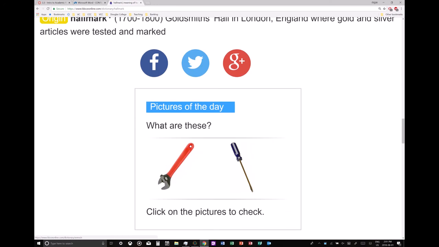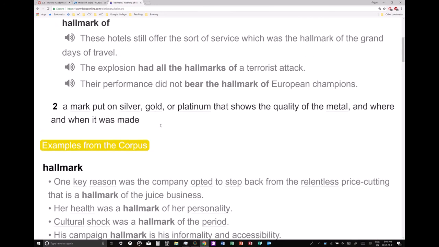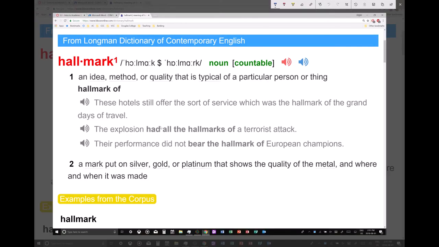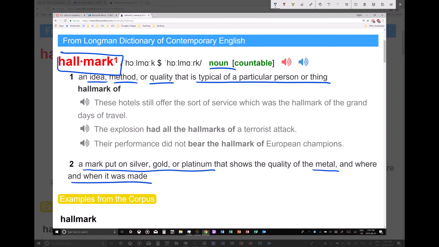Okay, we have 2. Let's check which one is the best fit for the context. So the first definition we have for hallmark, which is a noun, is an idea, method, or quality that is typical of a particular person or thing. Or number 2, a mark made out of silver, gold, platinum that shows the quality of the metal when it is made.